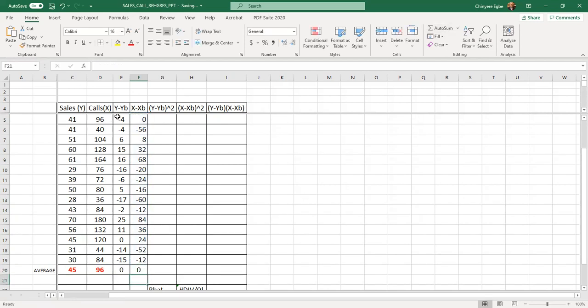All right. So now you have the deviations from the mean. Remember that the formula is the sum of x minus x bar times y minus y bar. So here, this is x minus x bar times y minus y bar, and you multiply y minus y bar times x minus x bar.